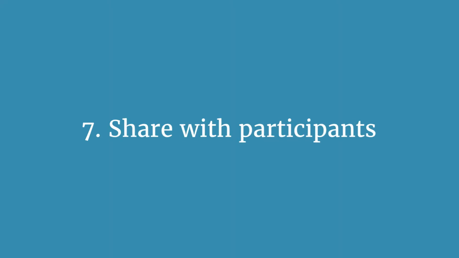Your 7th step is now to share the test that you've created with your potential audience. So once you've added all of your questions, you can click on the Save and Continue option, and Usability Hub is then going to offer the option to recruit participants for you for as little as $1 per user.